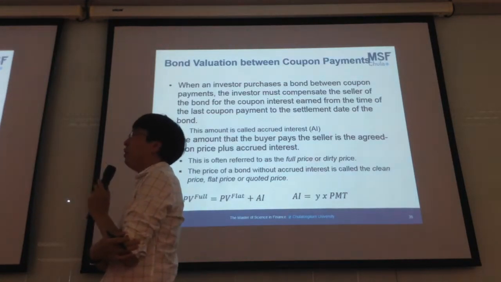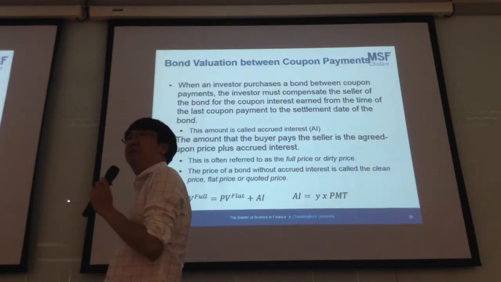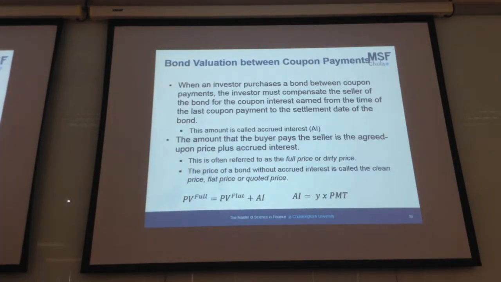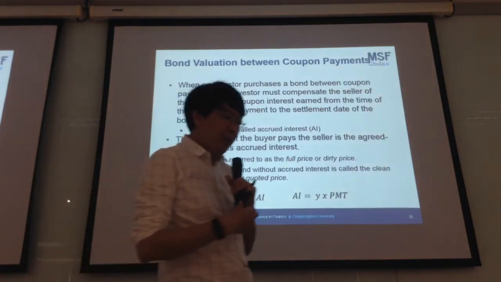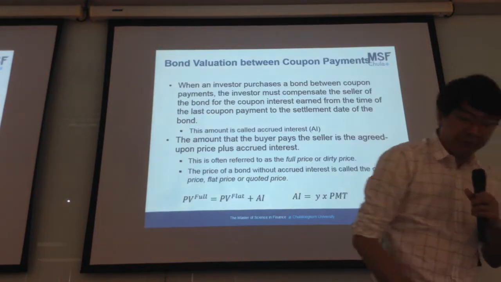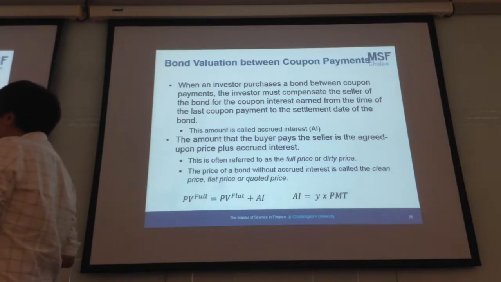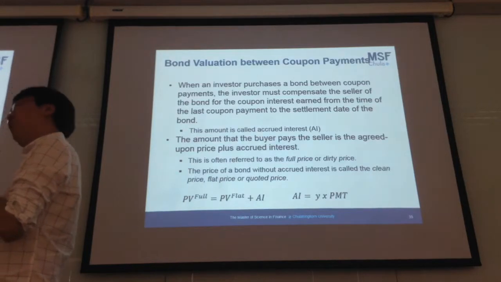Now, let's talk about why we don't just submit the full price, why we must do things the hard way. Why don't we just submit the full price? Then we don't need to add on the cost of accrued interest. One explanation, if you have opportunity to read, and I think it's quite convincing, is this: suppose you submit the full price today, and then the next day you also submit the full price.